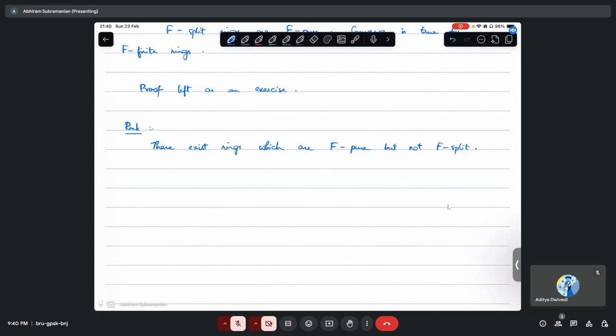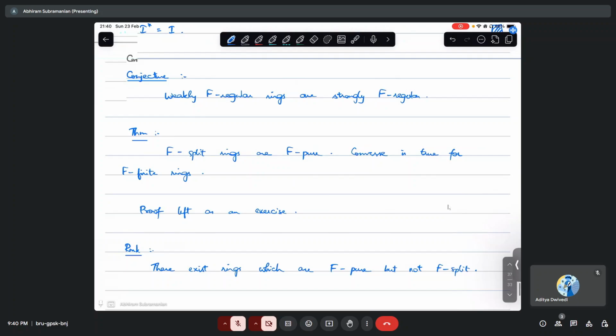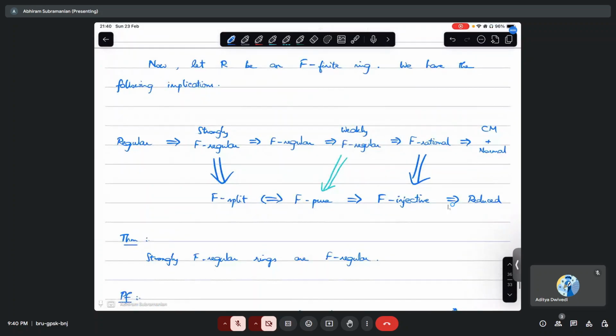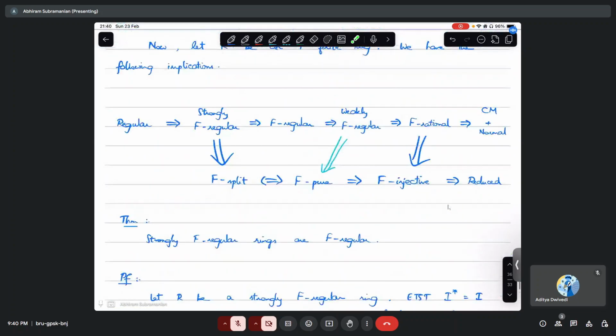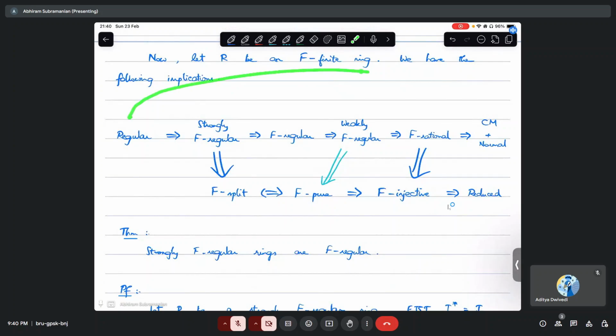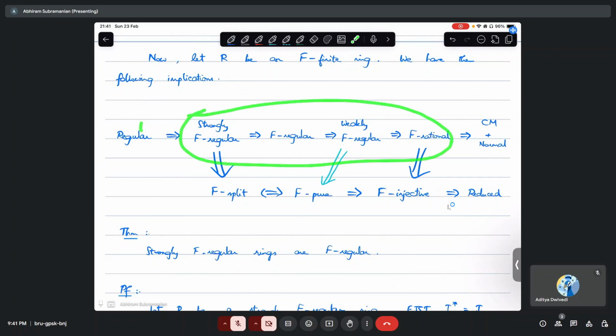So let's see these one by one. But before that, I have to point out something. If you have seen this particular chart, you can see that regular and all the strong F regular, F rational rings lie between regularity and Cohen-Macaulay.